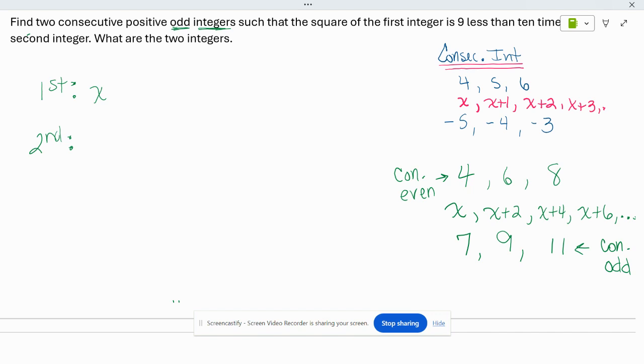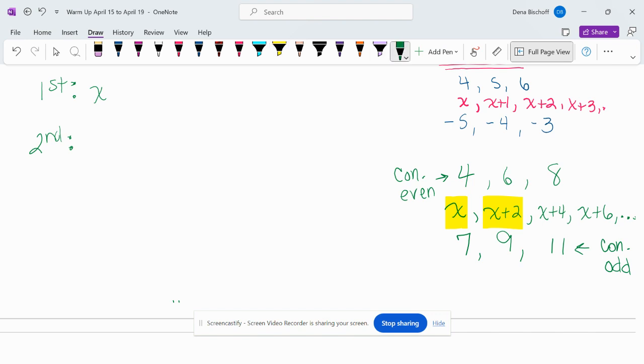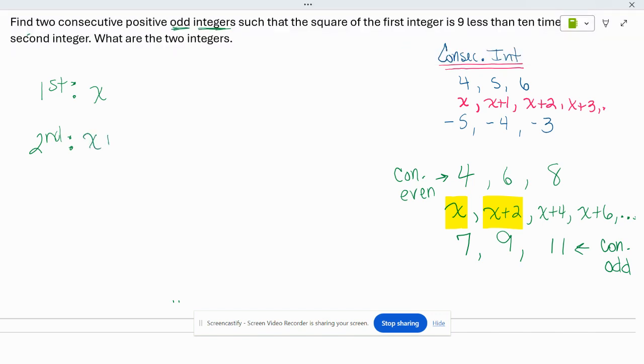Not 3. So the first odd integer is x. What is the next odd integer? Yeah, x plus 2. That's how we're representing those. So those are our 2 integers.